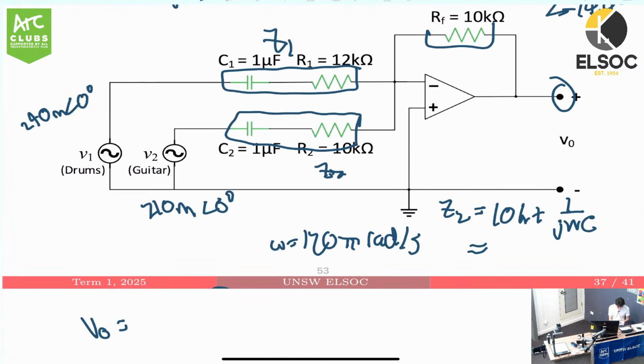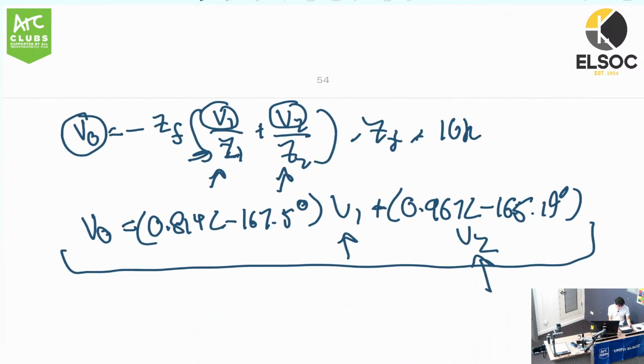Plus the next one, 0.967 angle minus 165.14, multiplied by 210 times 10 to the negative 3.